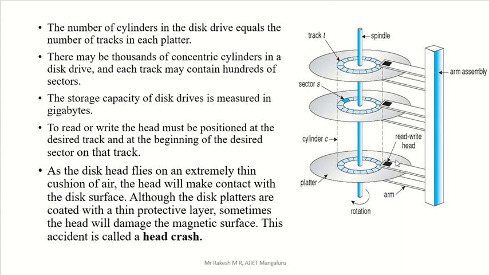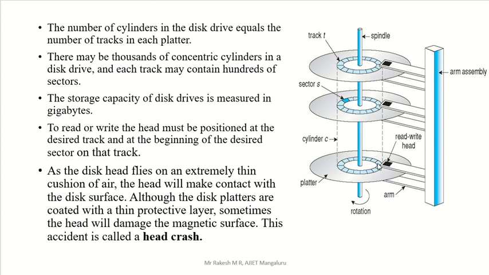So if there is any problem in this head, or any problem with the movement of this arm, there may be a chance of damage to the platter surface. That is called an accident, or a head crash.